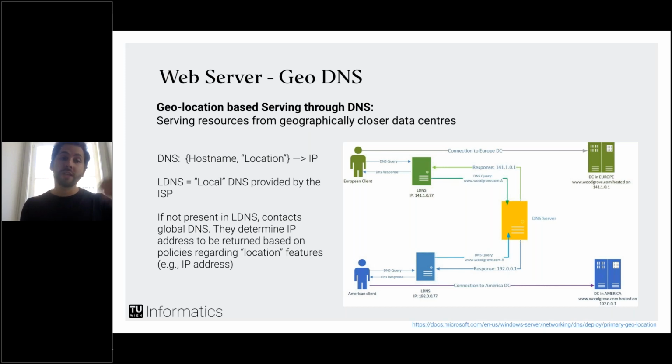You go to your local DNS, which is usually provided by your ISP, your internet service provider. If they have the entry of the IP in their local registry, if they have it cached, great, they give it back to you, and you can go directly to the data center that you need. If not, it will go to the, let's say, global DNS server, and the global DNS server will, based on the IP address of the local DNS, return to you an IP address of what they think will provide better performance for you.